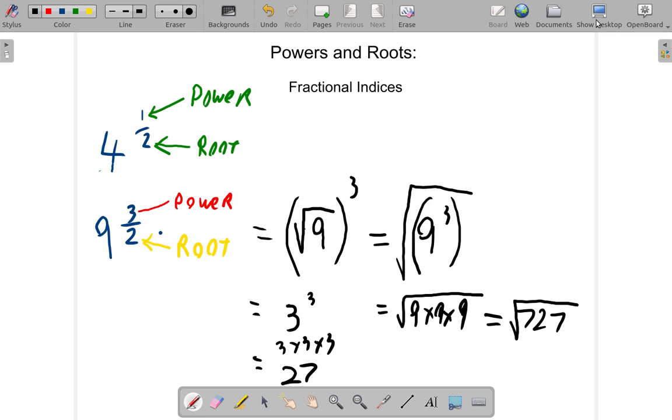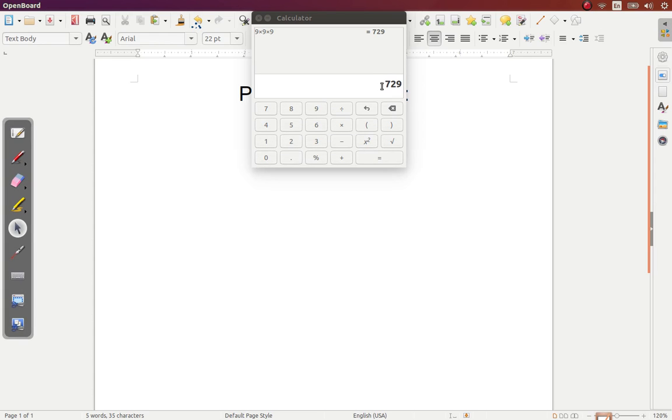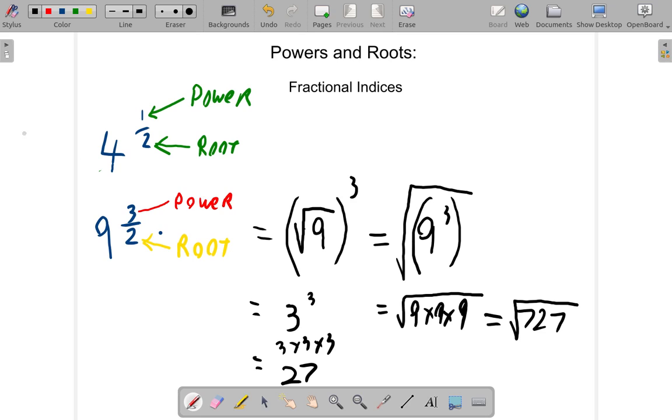So the square root of 729 is 27. So what you have here is the same answer, 27. Both give you 27.